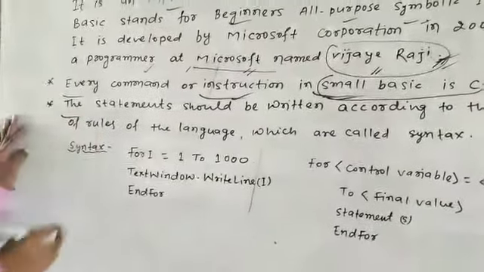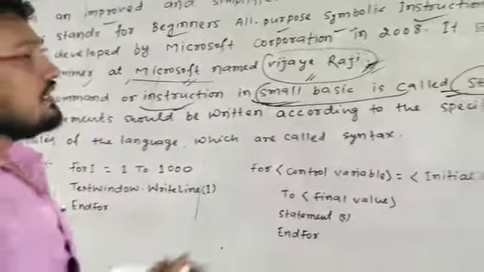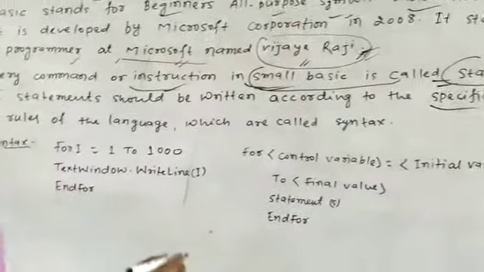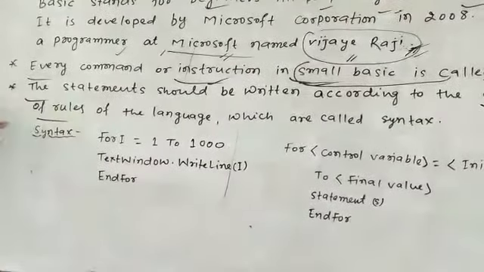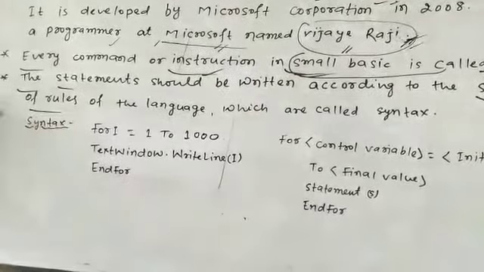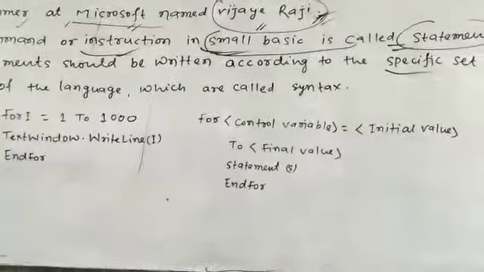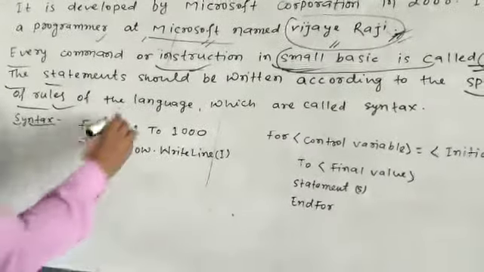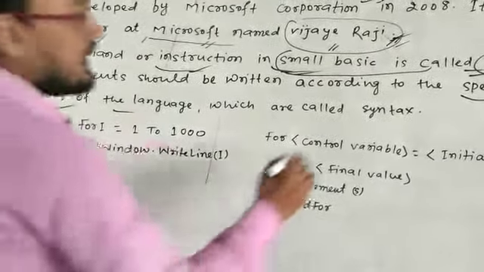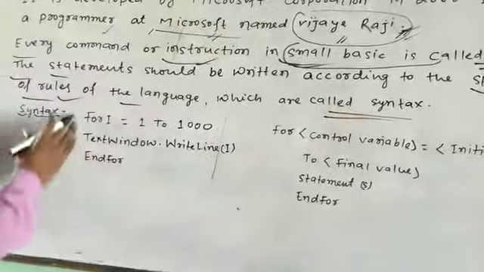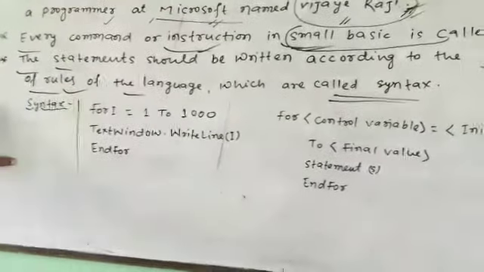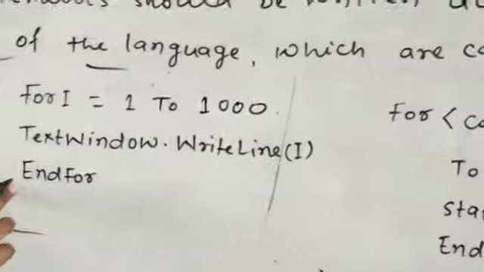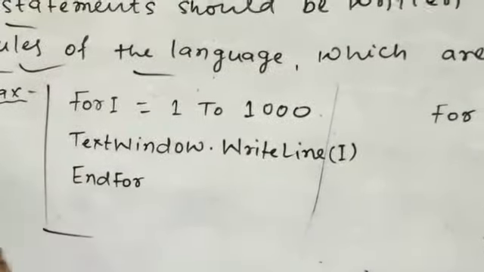The statements should be written according to a specific set of rules. In this software, the statements should be written according to the specific rules of the language, which are called syntax. Just like this is a simple statement I write in Small Basic.